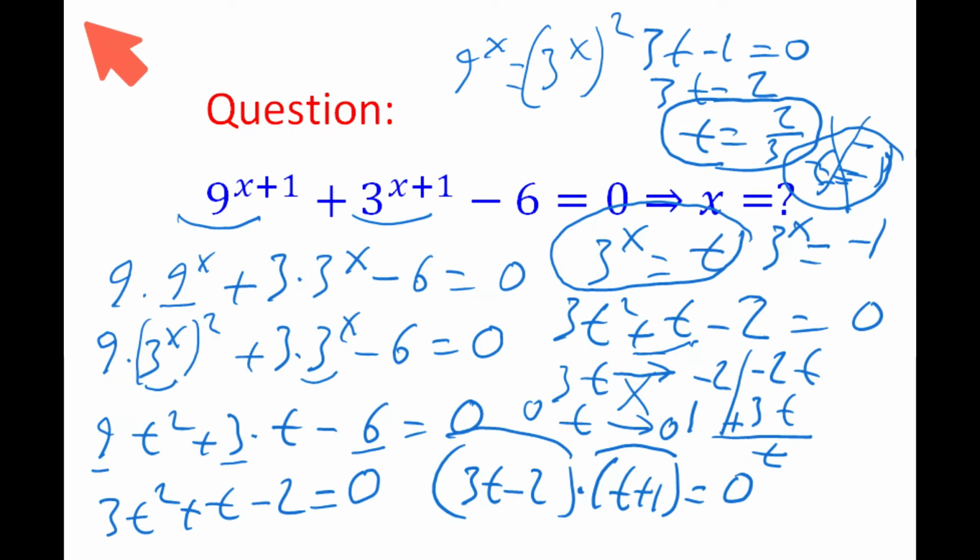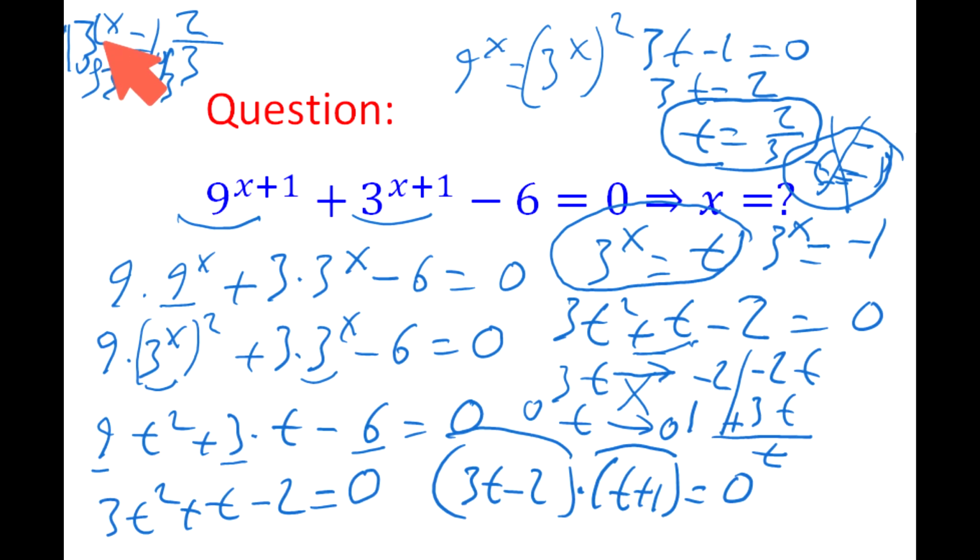Let me write it in the upper left corner. So we have t, which is 3 to the power of x, which is, guys, 2 divided by 3. And now we need to solve this, and then we need to find out what x is in this case. Well, if you remember logarithms, because we have 3 here, right? So we take the logarithm of both sides in base 3, guys.